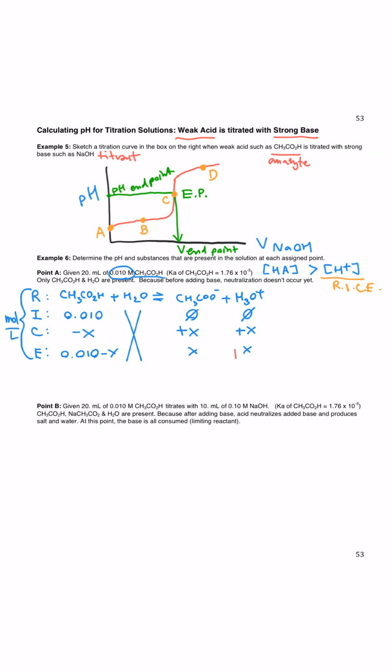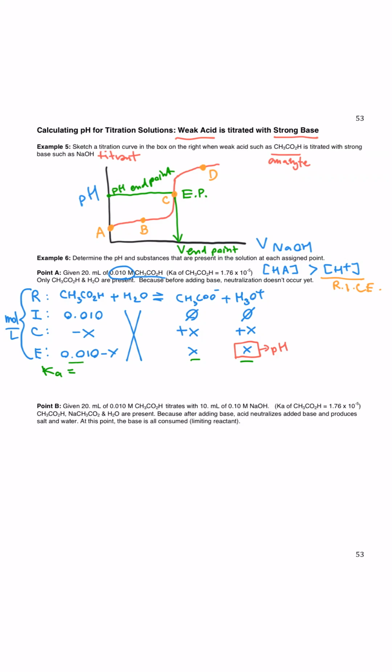Next, solve for the concentration of hydronium ions at equilibrium, because this concentration will allow us to calculate the pH. In order to do this, you will need to set up the Ka. The Ka expression comes from the concentration of the product divided by the concentration of the reactant.